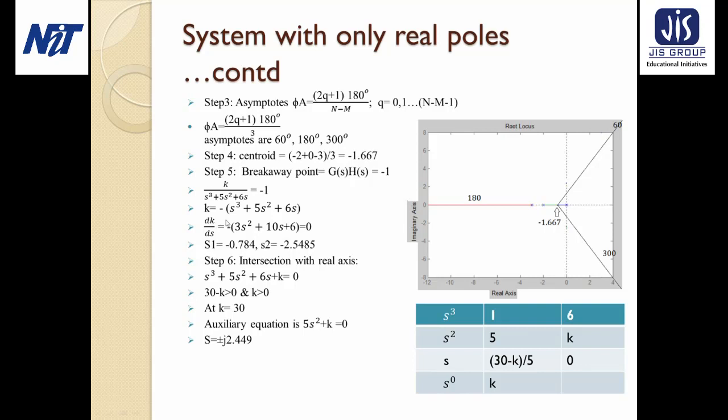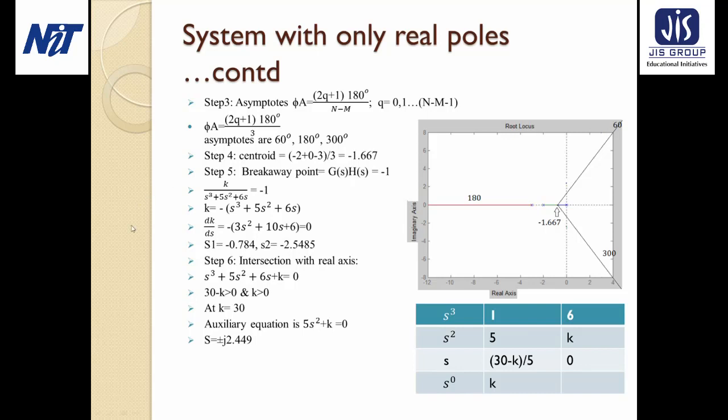So, if we solve dK/ds equal to 0, we get 2 solutions: s1 equal to minus 0.784 and another is minus 2.5485. Now, remember that any point located between minus 2 and minus 3 does not lie on the locus.